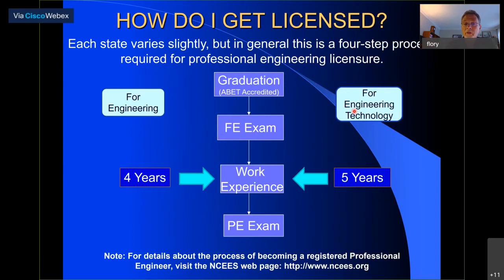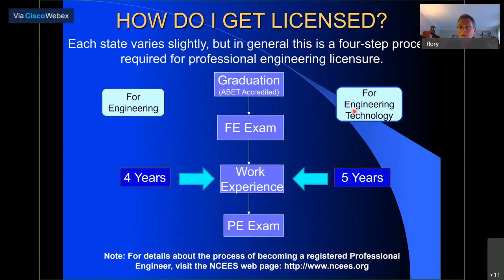Well, for engineering, the road to licensure after you graduate from an ABET accredited program, there is the fundamentals of engineering exam, upon successful completion of which you become an engineer in training. After 4 years of experience, then you are ready to take the PE exam if you so choose. If you pass that exam, then you can obtain your license.